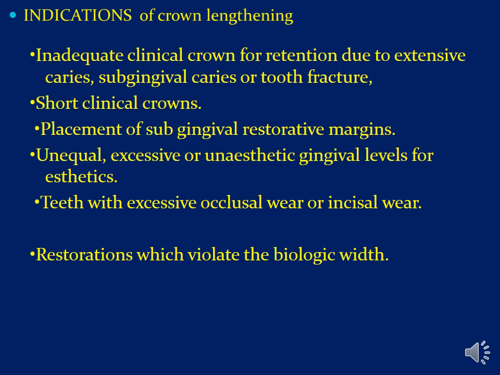If we have short clinical crowns, or if we need to place subgingival restorative margins, unequal, excessive, or unesthetic gingival levels for the aesthetics, teeth with excessive occlusal or incisal wear from attrition and abrasion, these will also have short clinical crowns. Restorations which violate the biological width we correct; we use all of these as indications of crown lengthening.